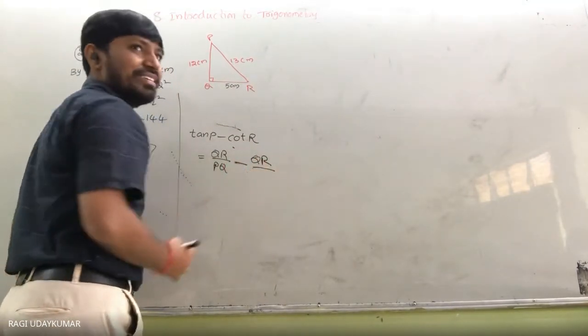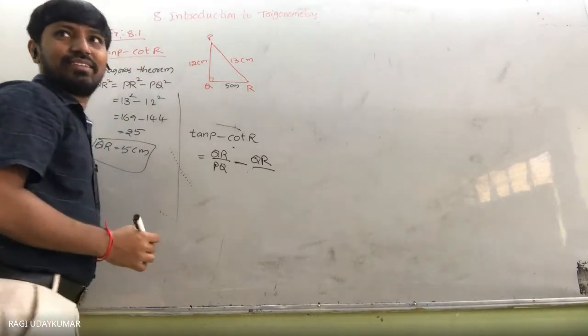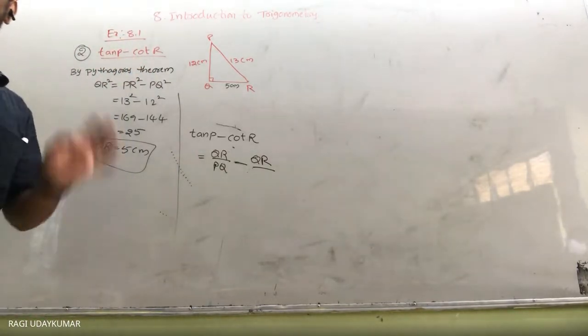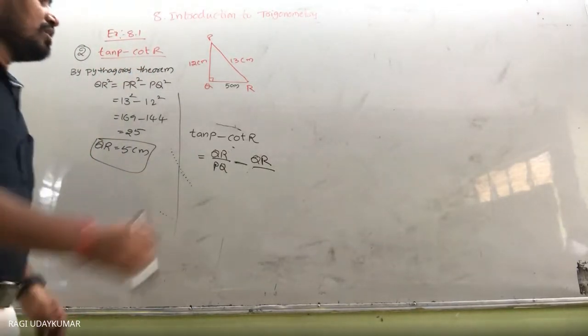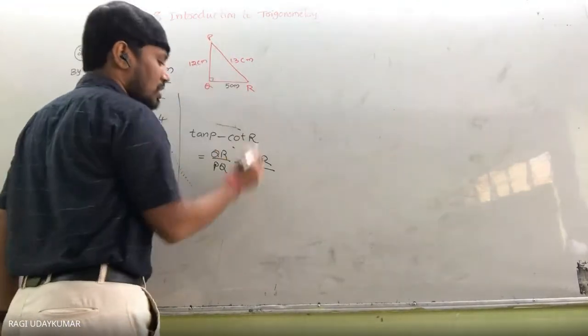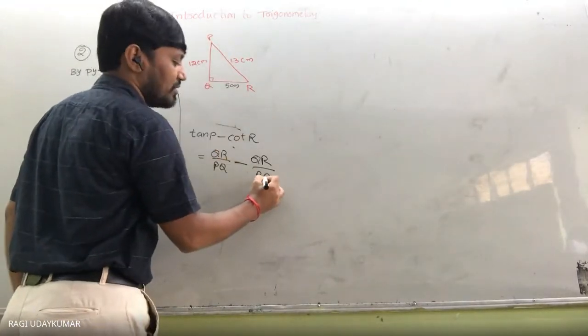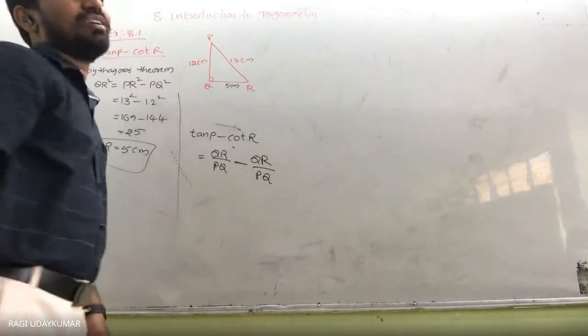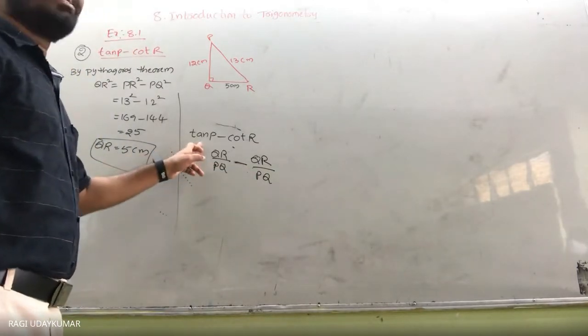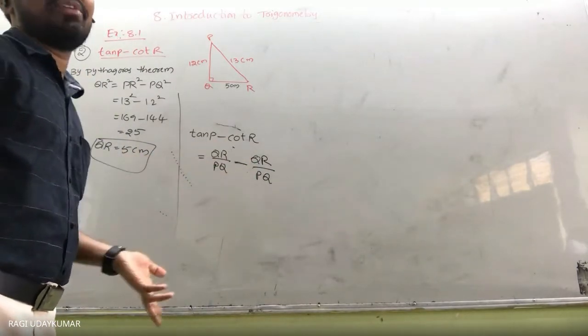QR. Isn't it? Tan P minus cot R, is it. So what is the adjacent of cot here? PQ. Both are actually the same. Tan P value, whatever you get, cot R value is the same value.